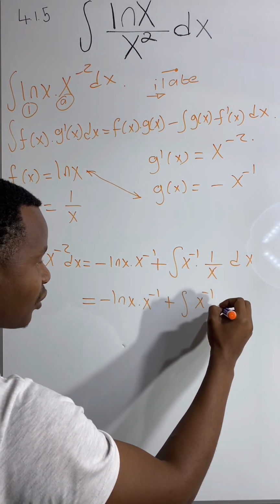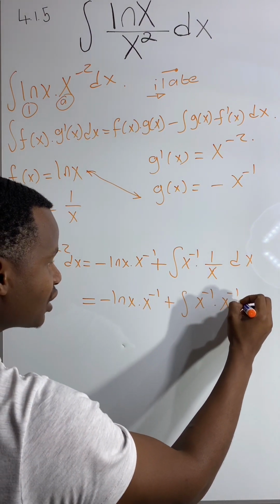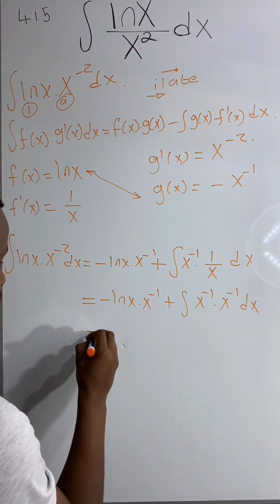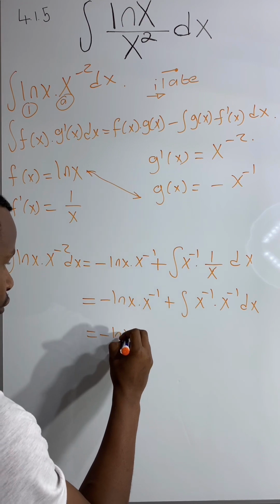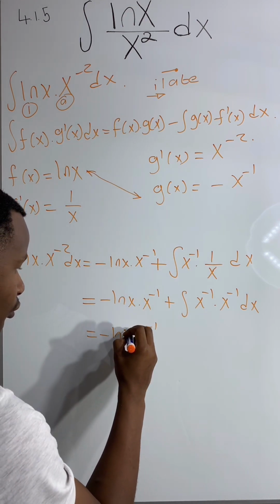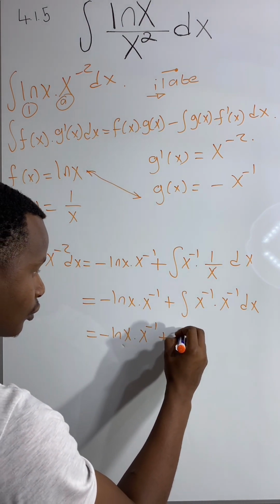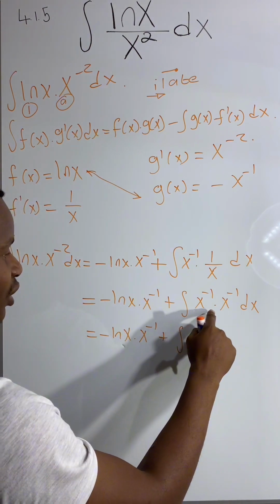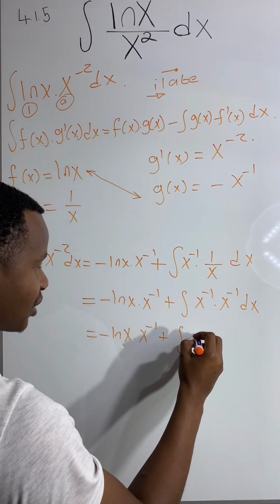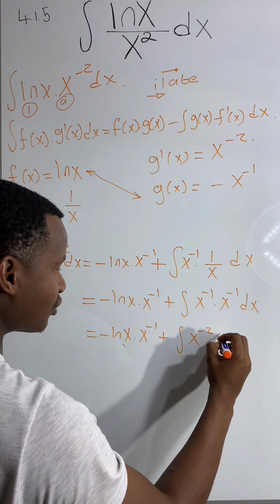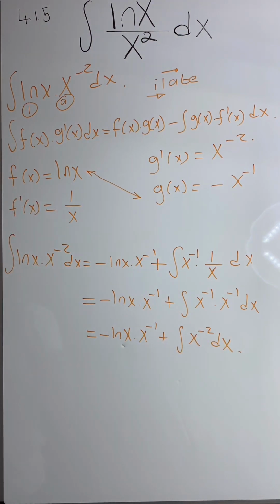So we can rewrite the 1 over x as x to the power -1. And x to the power -1 multiplied by x to the power -1, we get x to the power -2 dx.